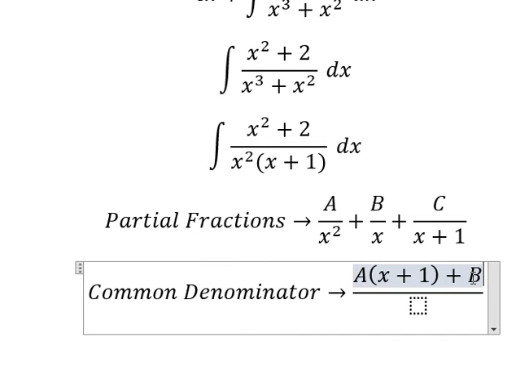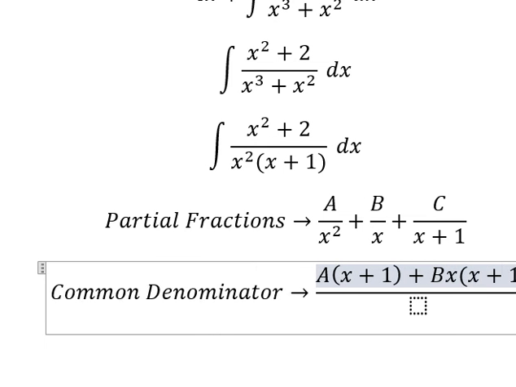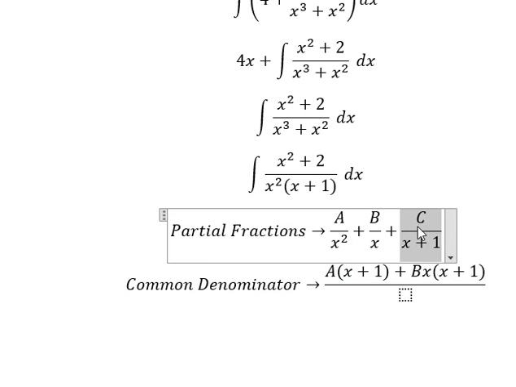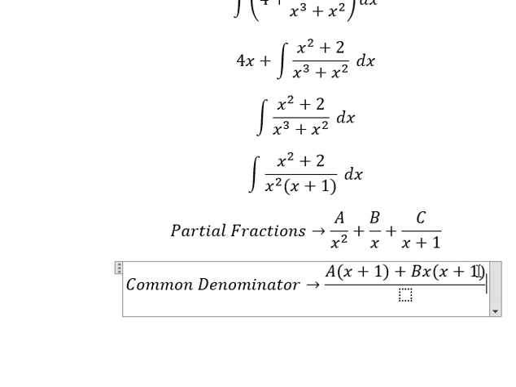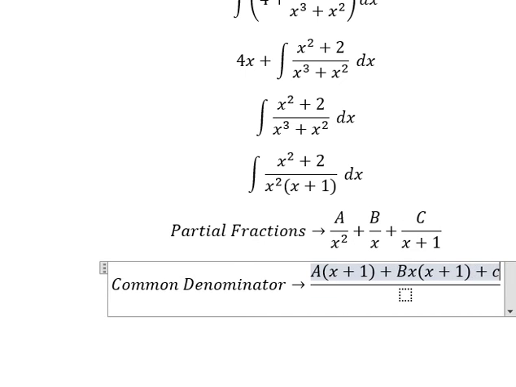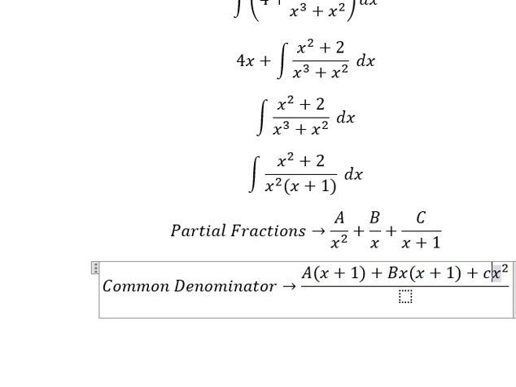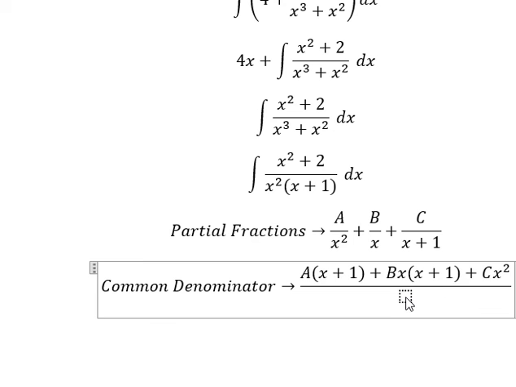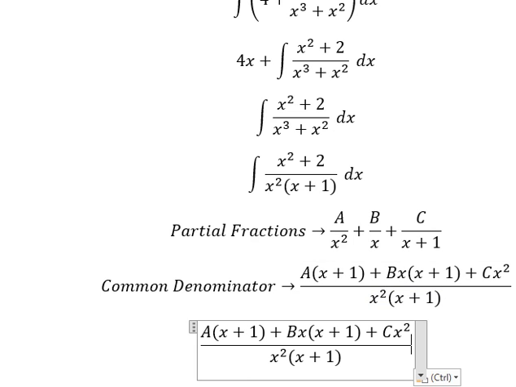So capital B multiplied by x and x plus 1. About this one, it is missing x squared. So about this one, that is this one. Now we need to expand this one.